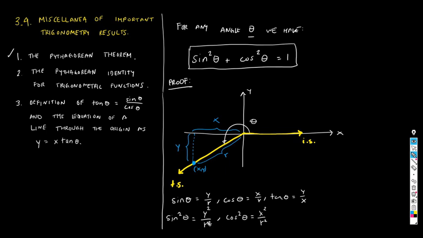So I have these two equations now. What do I do next? Well, I'm going to add sine squared of theta plus cosine squared of theta. I'm going to do it in here. Plus cosine squared of theta.